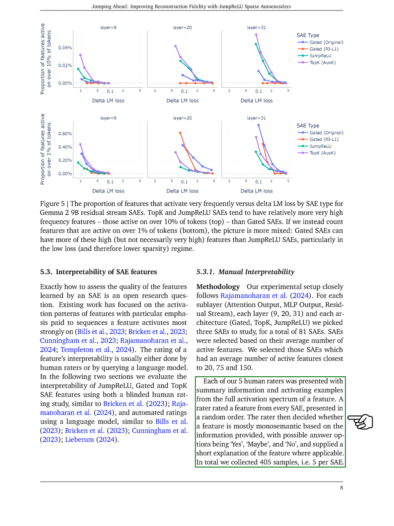Each of our 5 human raters received summary information and examples of activations for each feature. The raters evaluated whether a feature is mostly monosemantic based on the provided information, with response options of yes, maybe, and no, along with a brief explanation when applicable. In total, we collected 405 samples, averaging 5 per SAE.